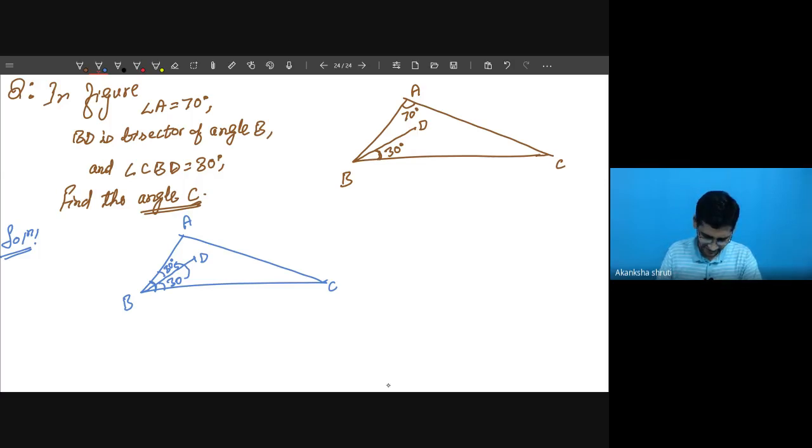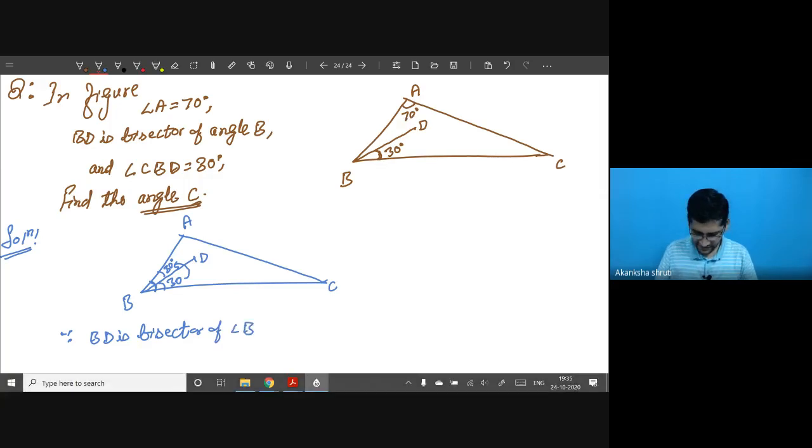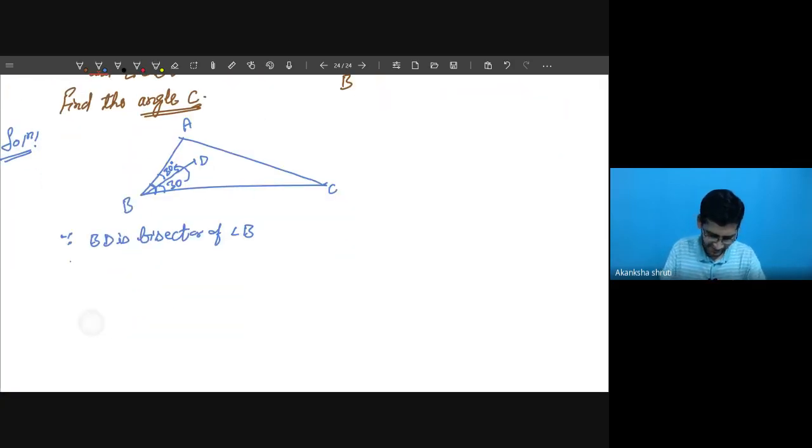So right, since BD is the bisector of angle B, this simply means angle B is equal to twice angle CBD.